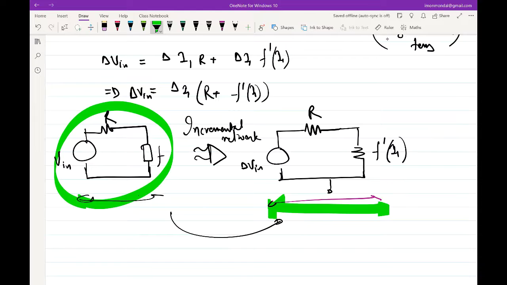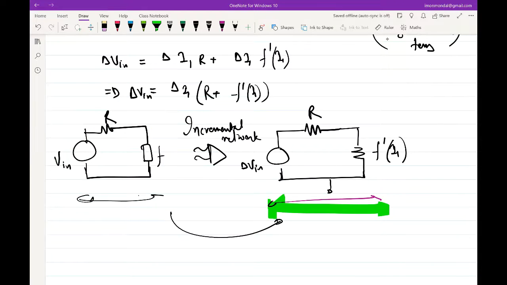So let me give you an example. Let's say V in is 1 volt, R is 1 kilo ohm, and analyzing the nonlinear currents and voltages, I found that for this operating condition we have a V of, let's say, 0.5 volt and current of 1 milliamp.